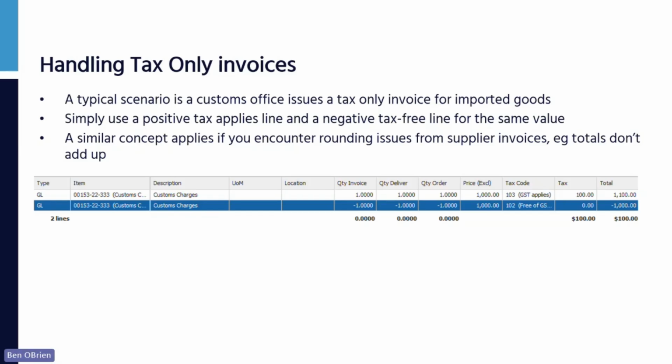But here, I'm just demonstrating that if you have a line item that is attracting GST or VAT, and then a negative line item for the same value that doesn't attract VAT or GST, then that will give you a total that is essentially tax only, and that is the way to handle those situations. So even though you might just get one line on that invoice from the customs authority, you do need to split that into two lines when you enter that transaction.